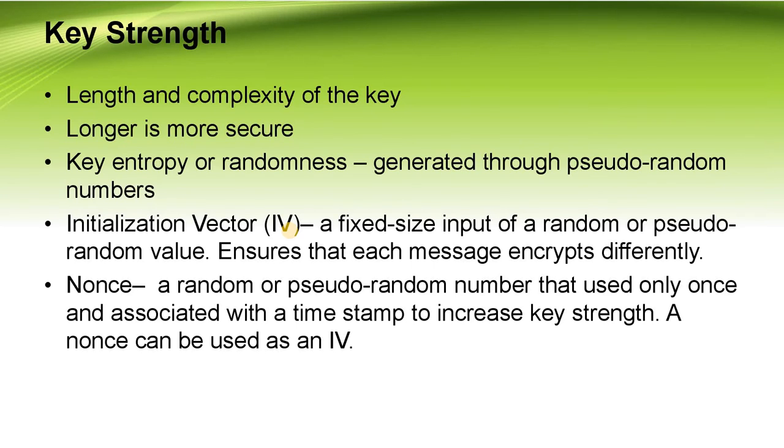Some cryptographic systems have a fixed key length such as 3DES, while others such as AES have multiple lengths: AES 128, AES 192 and AES 256. So the length and complexity of the key: longer is more secure. Key entropy is randomness generated through pseudo-random numbers, initialization vectors and nonces. So these are all under key strength.